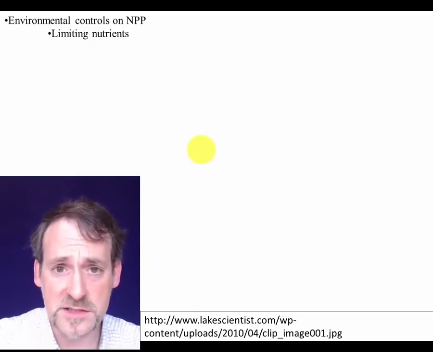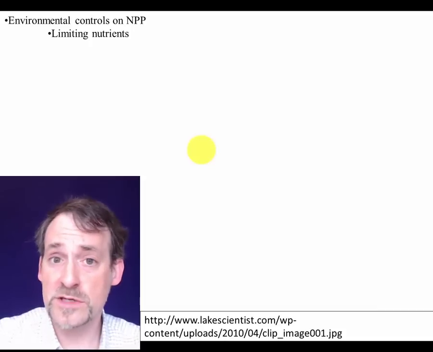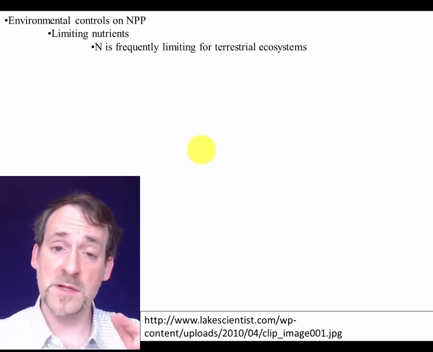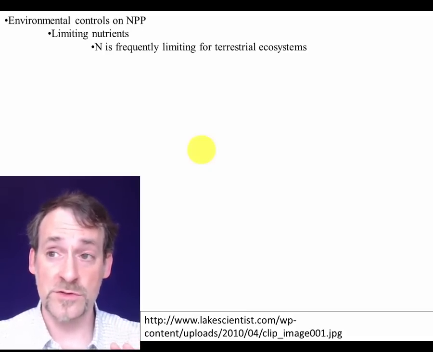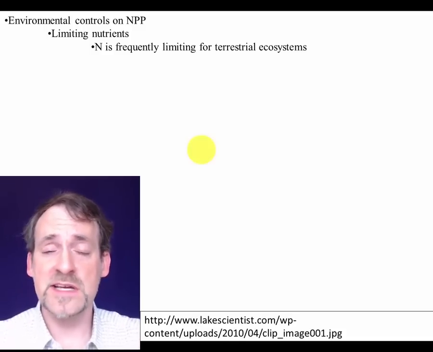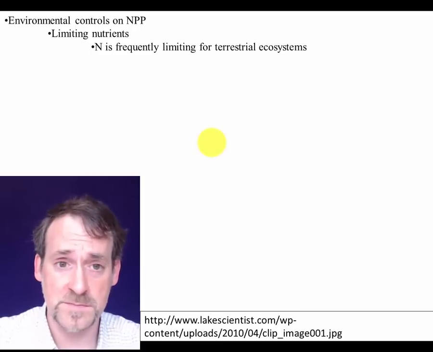In aquatic ecosystems, what usually limits growth is nutrients. There can be some limitations to growth due to missing nutrients on terrestrial ecosystems as well, but generally it's less striking in terrestrial ecosystems than it is in aquatic ecosystems.